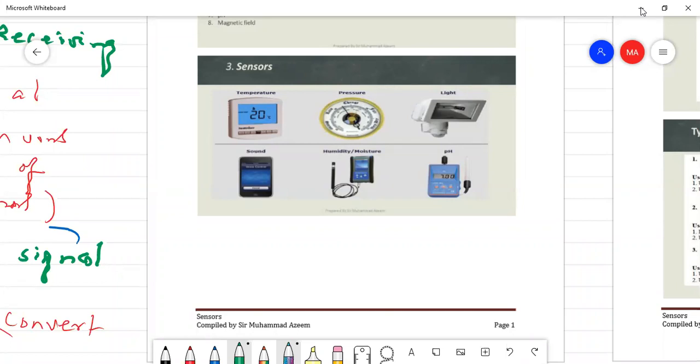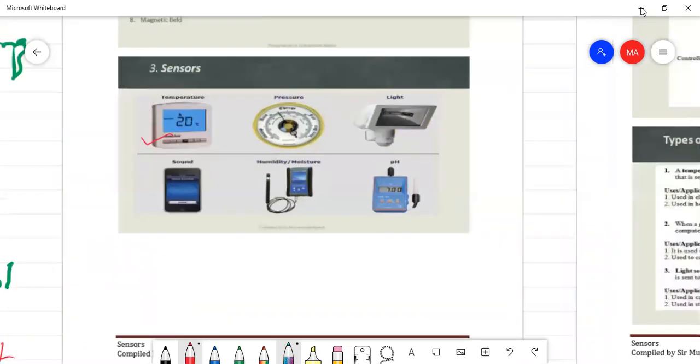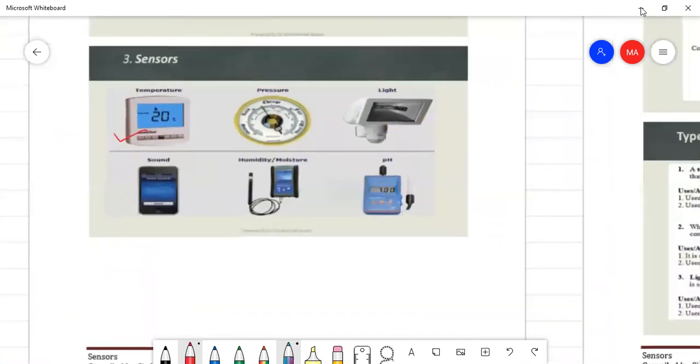First, we have the temperature sensor. It is used to detect temperature. While we have another sensor, that is the pressure sensor. Have you seen this pressure sensor?